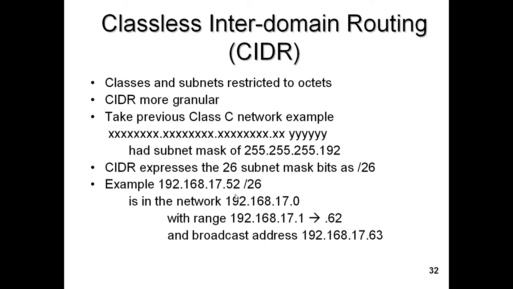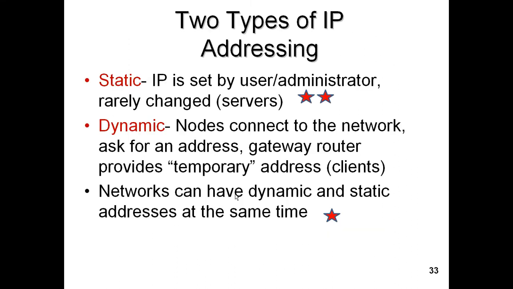So it's just another way to express the subnet, but normally we don't use this in the devices we program. The devices we program, you're going to go in and type in the full subnet mask, in this case 255.255.255.192.